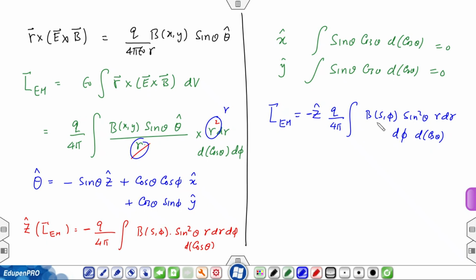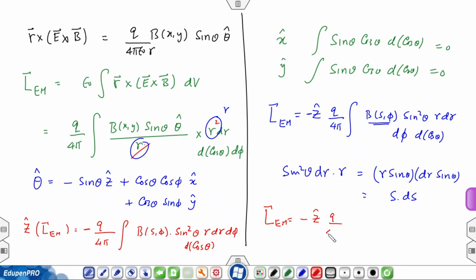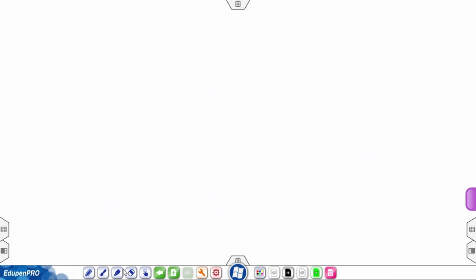Now, since B depends only on s and phi, I can write sin square theta dr times r as r sin theta dr sin theta, which is s ds, and therefore, L E m is equal to minus z q over 4 pi integration B s phi s ds d phi d cosine theta, minus 1 to 1, 0 to 2 pi. And this is very easy to interpret. So, let us do that on the next slide.